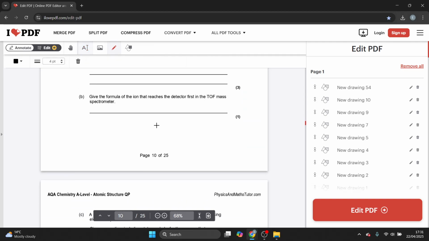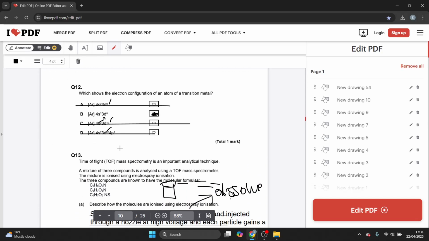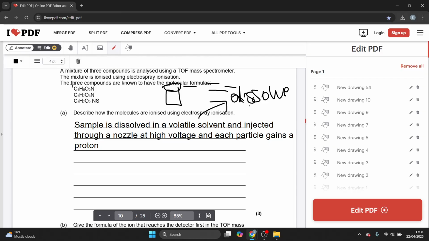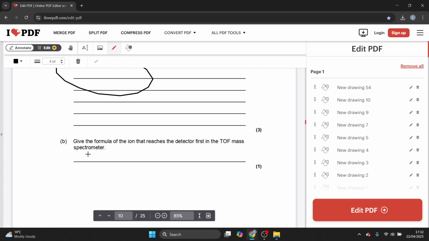Give the formula of the ion that reaches the detector first in the time of flight mass spectrometer. Well, it's obviously going to be this one because it's got the lowest mass, but because each particle contains a proton, I'm just going to add a proton to it. And that's it. So if I didn't get part A, I wouldn't have got part B right as well, because I need to know that you just add a proton, an H plus ion.